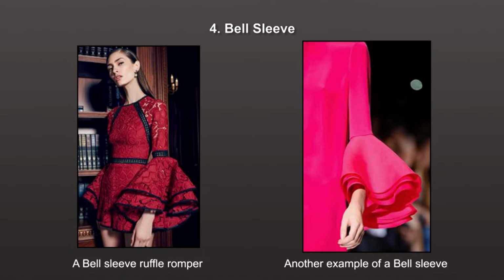On the right is a picture from Gucci Catwalks Spring 2013, ready to wear. In both the images, the bell sleeve has been made more interesting by adding more layers of fabric in the form of flounces.